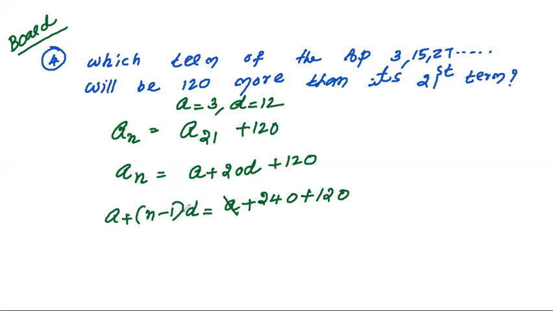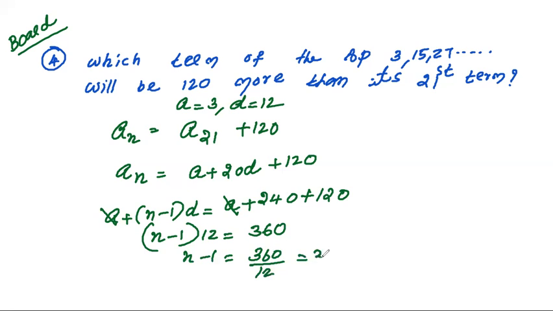You can see that this a and this a are getting cancelled. n minus 1 into d, with d equal to 12, is equal to 120 plus 240, which is 360. So n minus 1 will become 360 divided by 12, that is equal to 30. As n minus 1 is equal to 30, n is equal to 31.